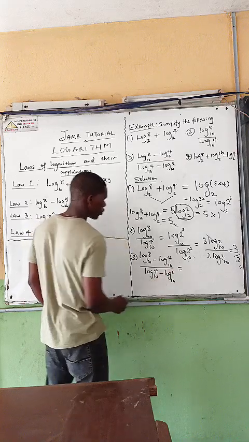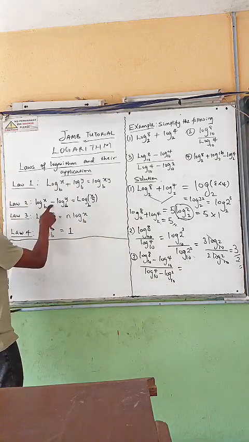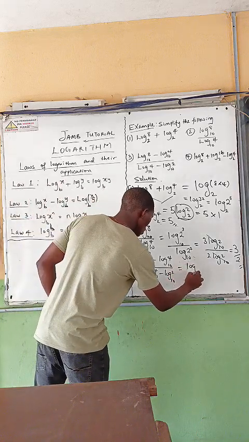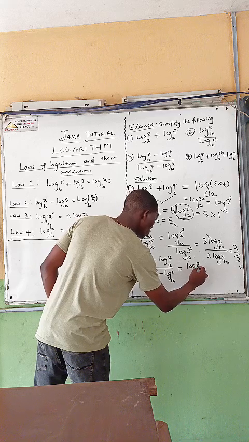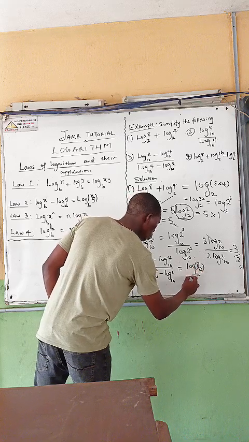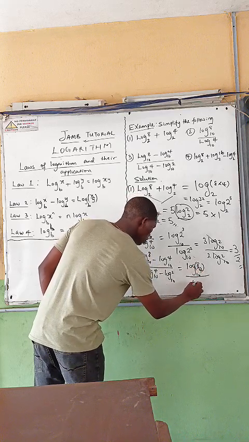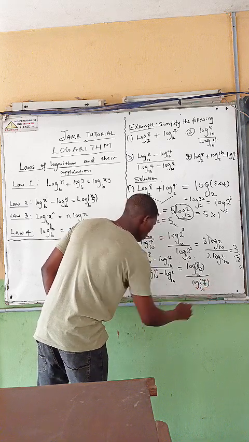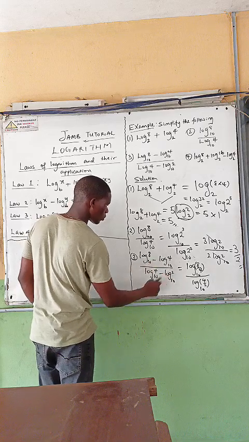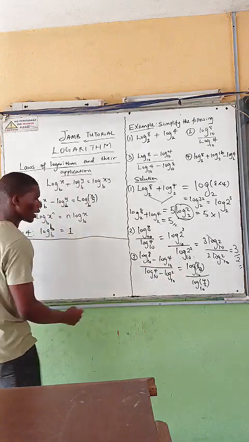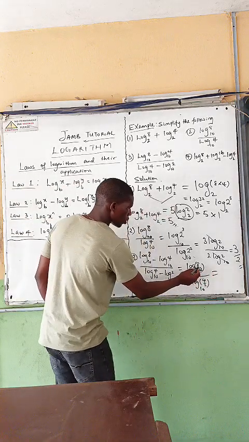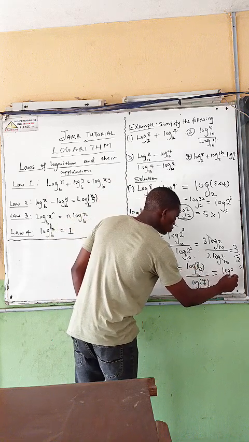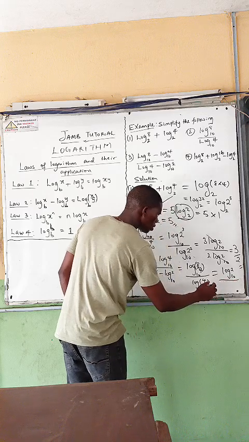So this equals to, now I'm going to apply this law here, the subtraction law, changing it to log 8 over 4 to base 10 all over the same thing, log 4 over 2 to base 10, right? So 8 over 4 is 2, and we have log 2 to base 10 over log 2 to base 10.